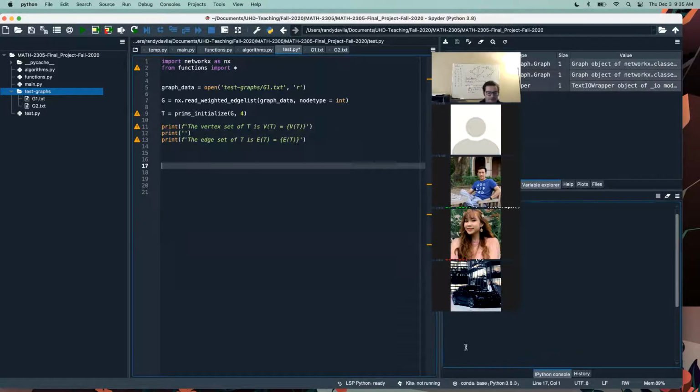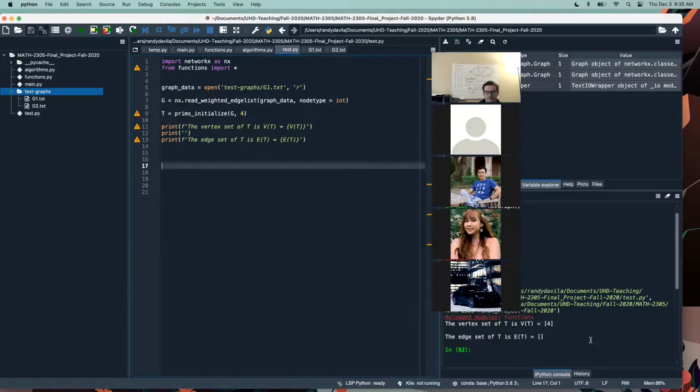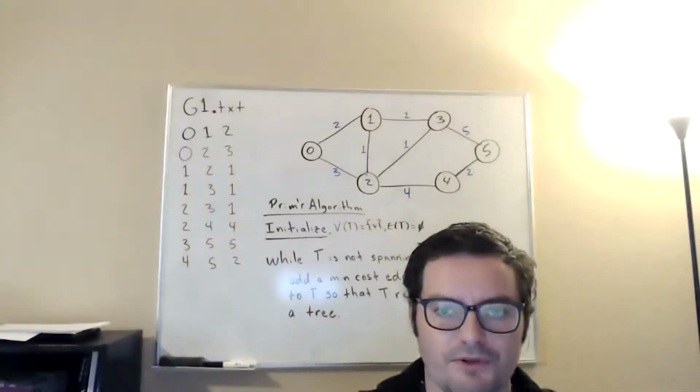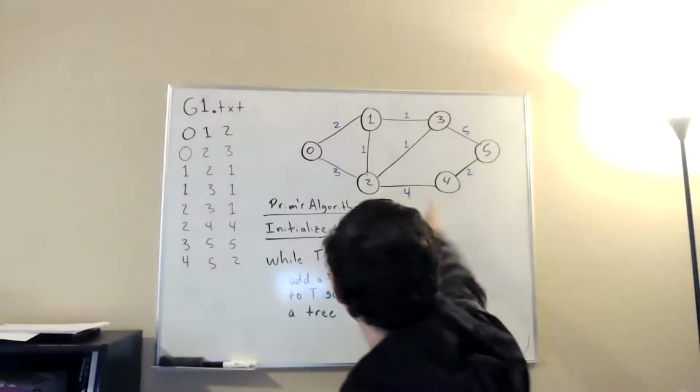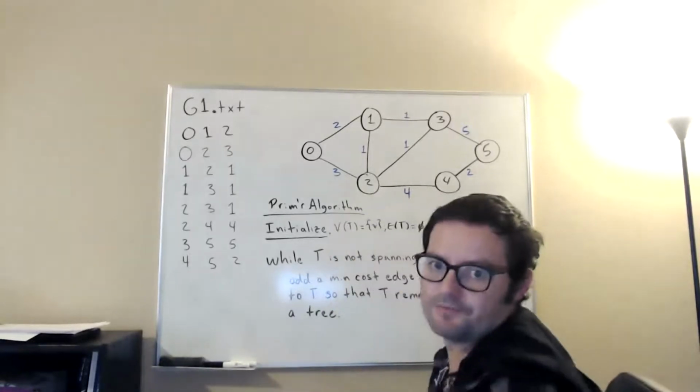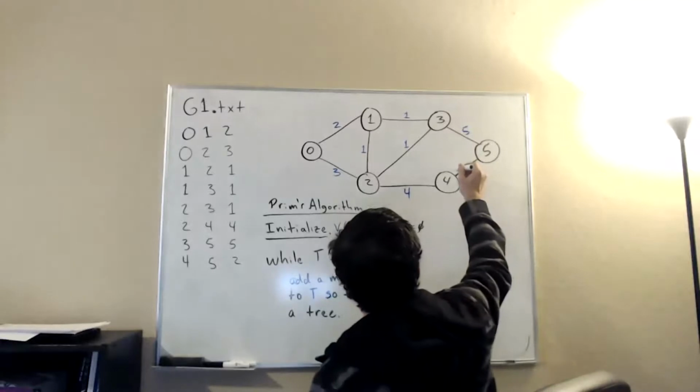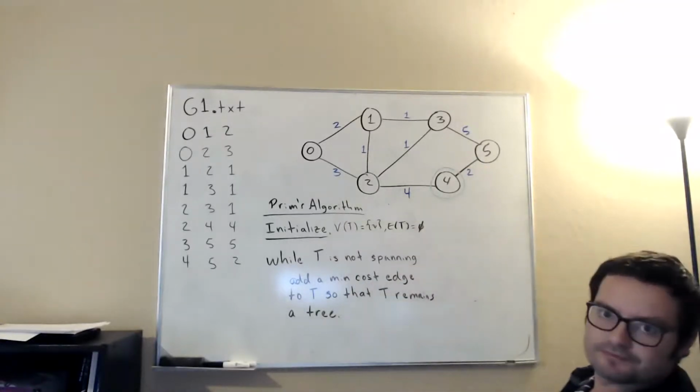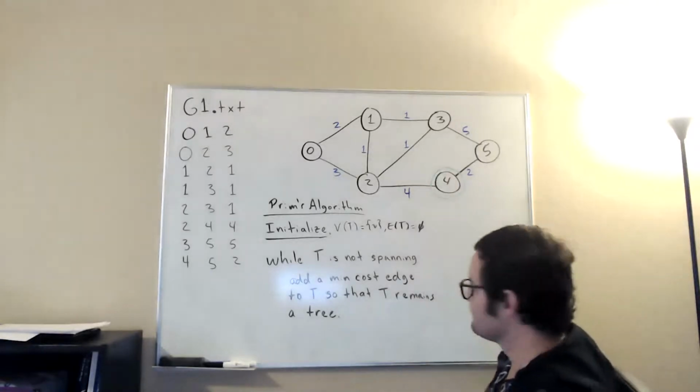Okay, so now if I run that, all right, there. Now, if we look back at the board, where did we start? We started right there. So currently, that's my tree.